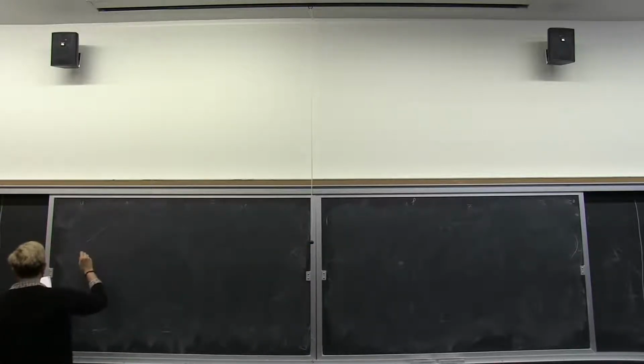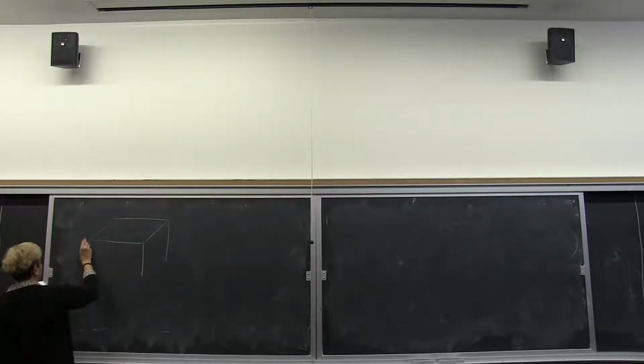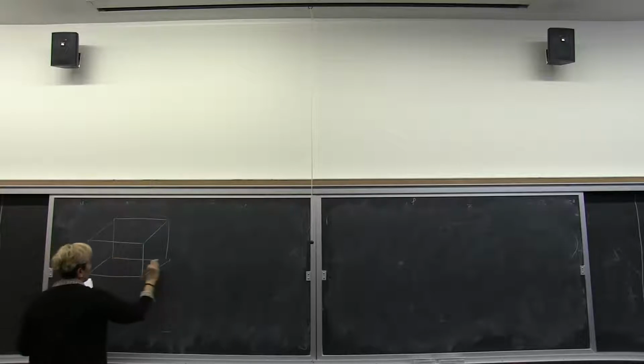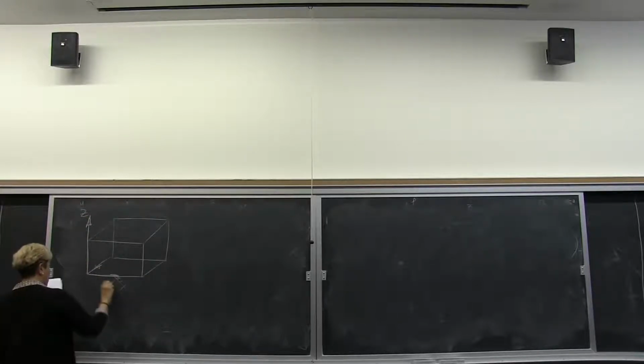It has a room with the usual dimensions. The world coordinate system is in this corner. This is the z-axis, x, y.